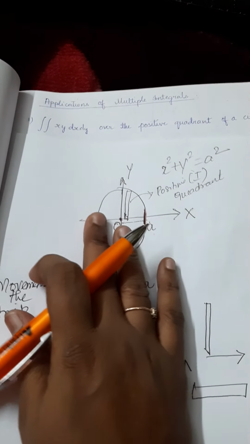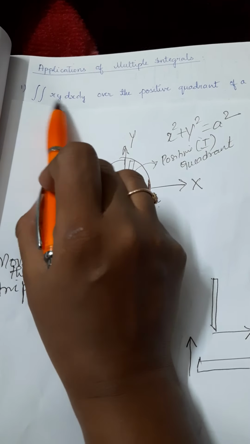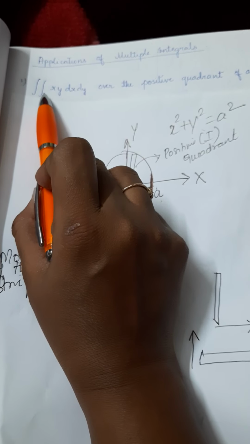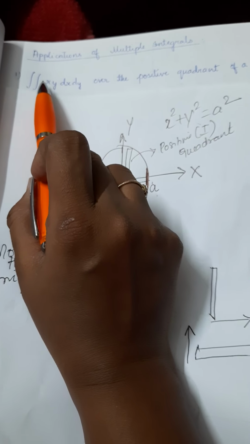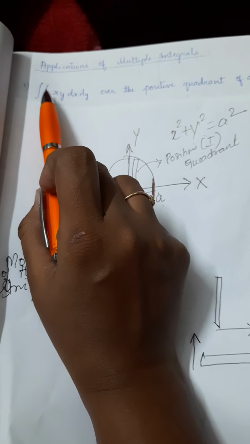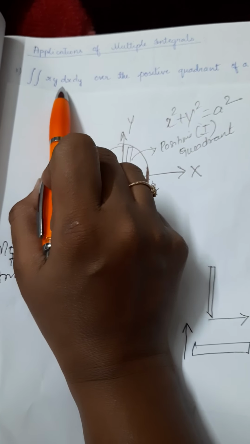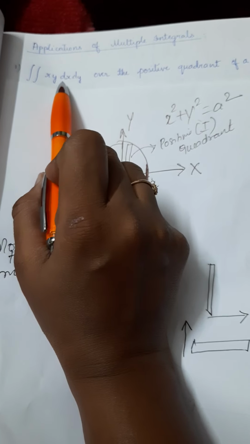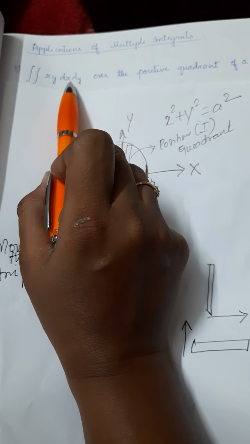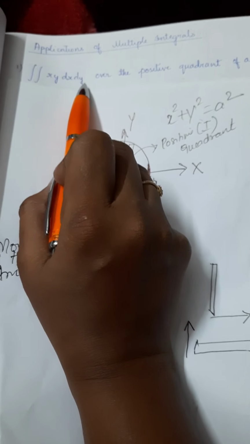To evaluate this integral, we are supposed to find the limits. When the limits are known, we know how to evaluate the integral. The limits are for the variables x and y, and the differentials are dx and dy. So we are supposed to get the limits for x as well as y.